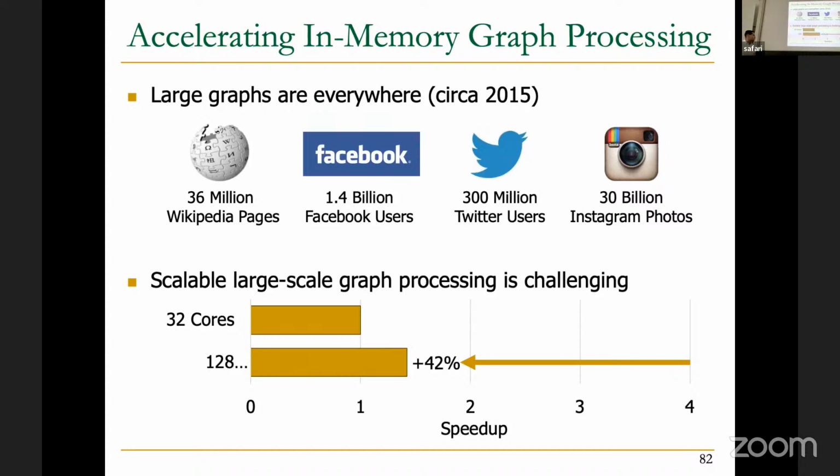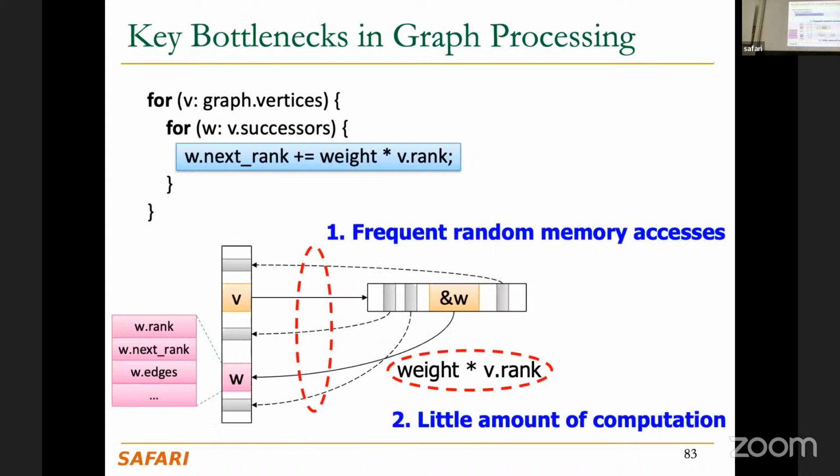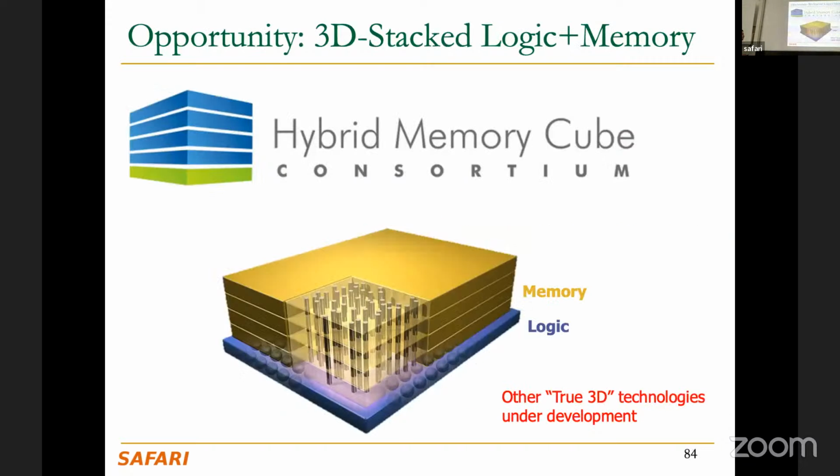One type of application that benefits from this type of design is graph processing. Graphs are everywhere, from Wikipedia to social media. Usually the type of computation that we do when traversing graphs is quite small. You do a very small amount of computation, and you incur a lot of random memory accesses when traversing large graphs.